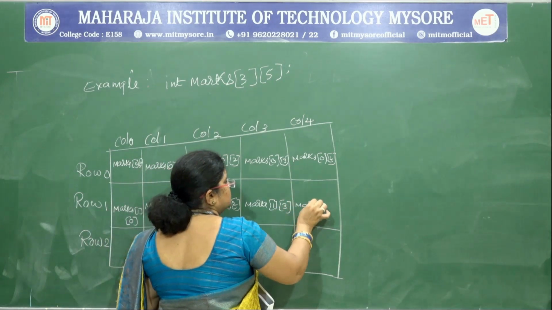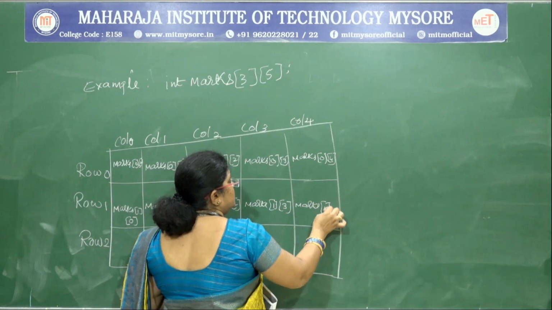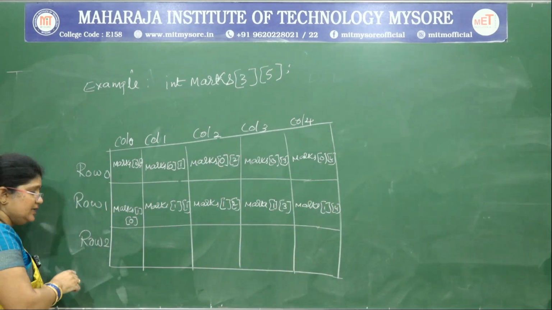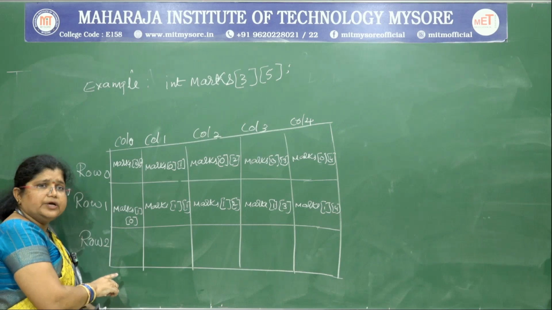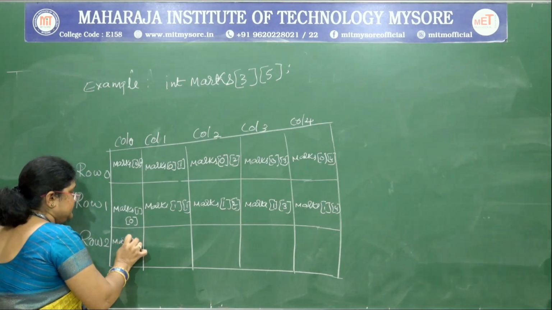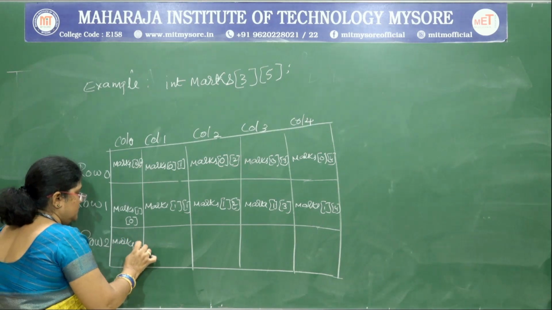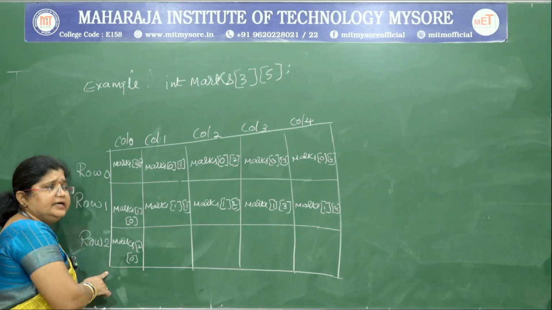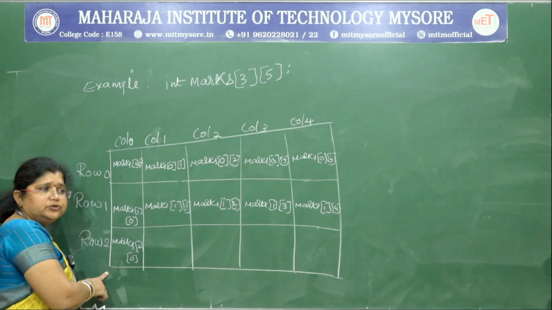Next, marks row 1, column 4. The same will be continued for the next row also. That is the second row, marks[2][0], indicating the second row, 0th column.